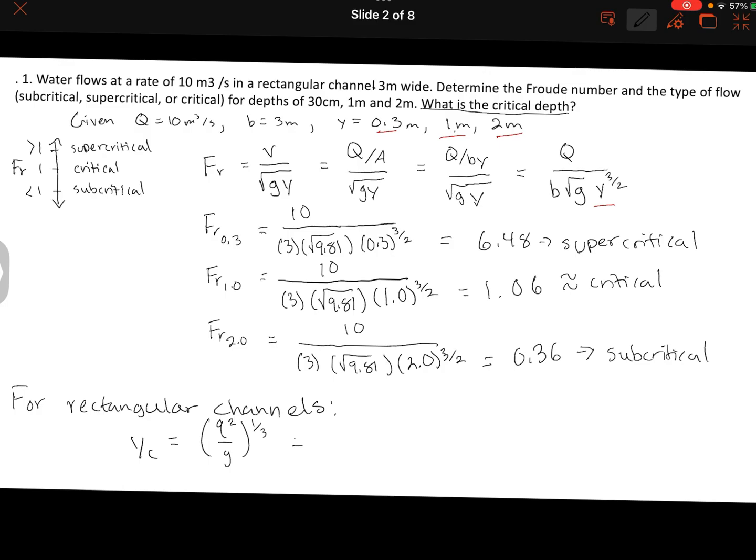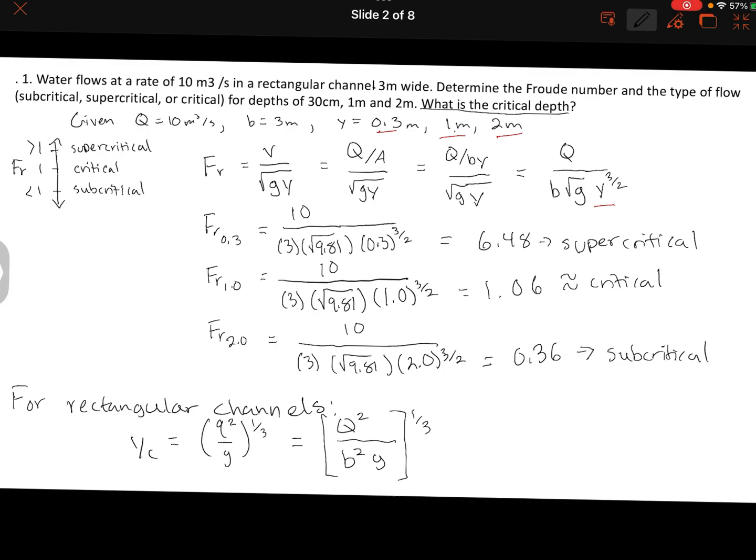Since little q is equal to big Q over B, we can also write our critical flow depth equation like this.